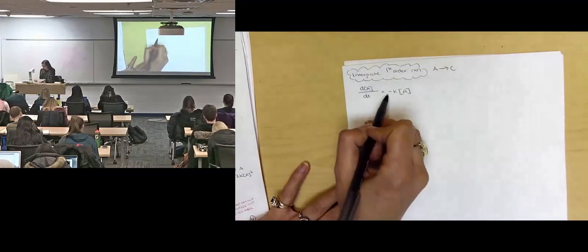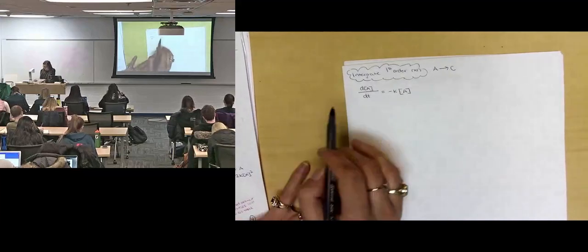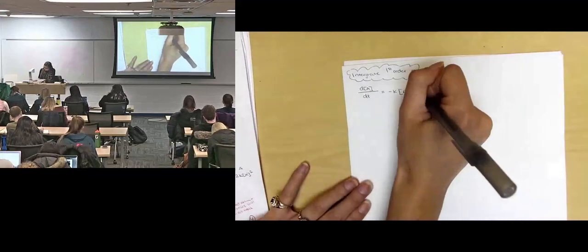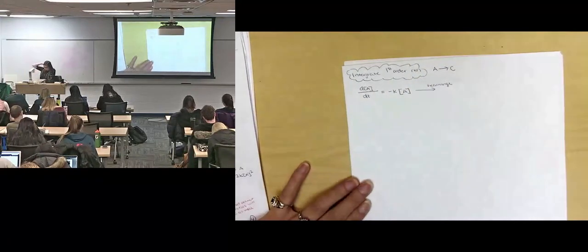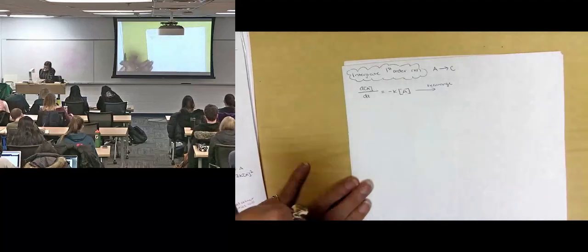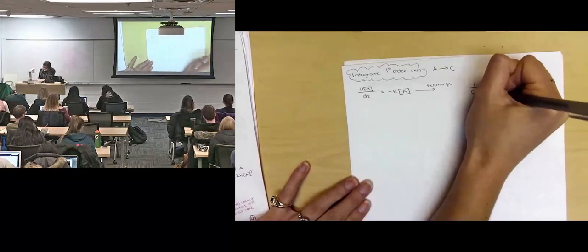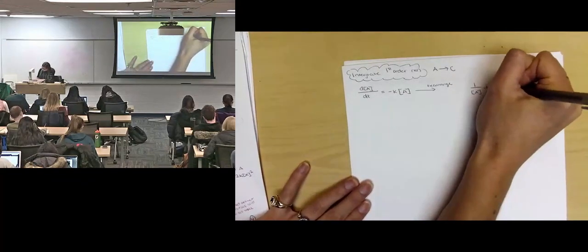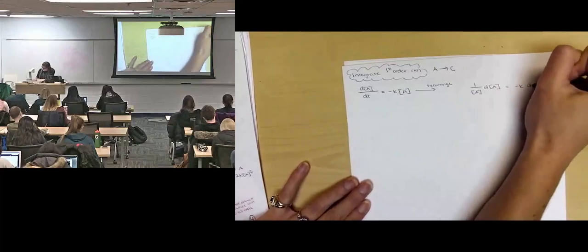Always positive. The negative is here because we have a loss in the concentration of A. So we can rearrange this. Let's get dt on the right side, and we'll divide the concentration of A over. And so what we'll have is 1 over the concentration of reactant A, dA, is equal to negative k dt.